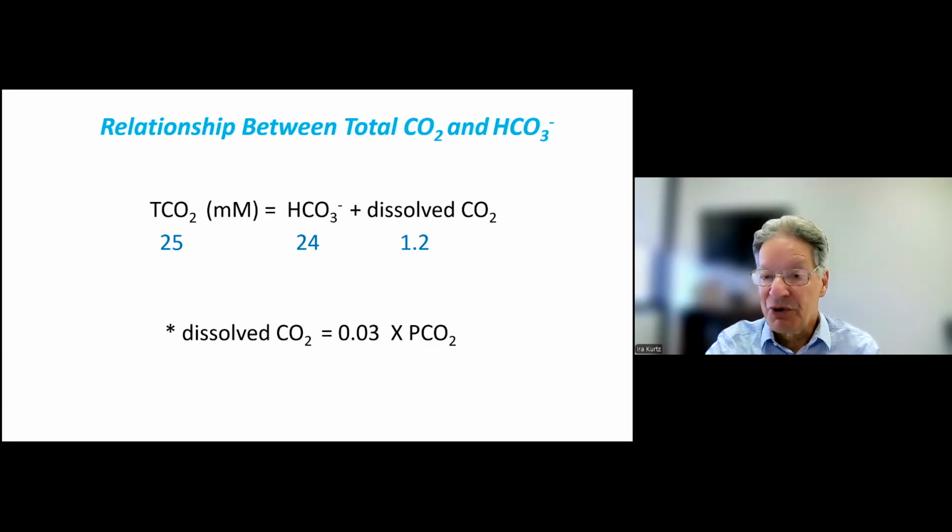If someone has a respiratory acidosis and this is 80, then this will be 2.4, and you'll have to add 2.4 to the bicarbonate, and the total CO2 difference from the bicarbonate will be greater because you have more dissolved carbon dioxide. So remember for the rest of your fellowship, if you can, to not call this bicarbonate anymore from the metabolic panel. Call it the total CO2.